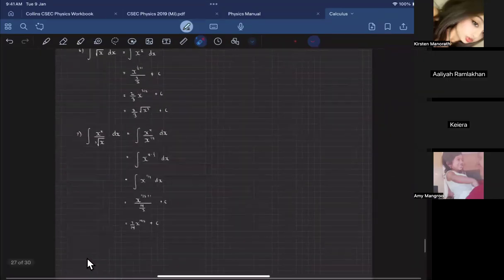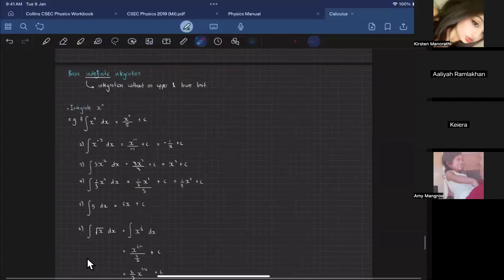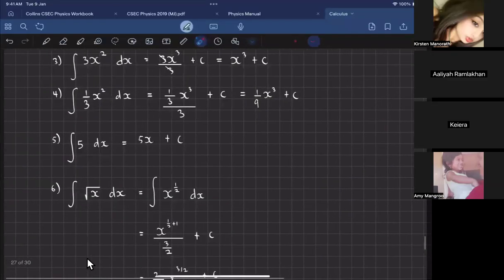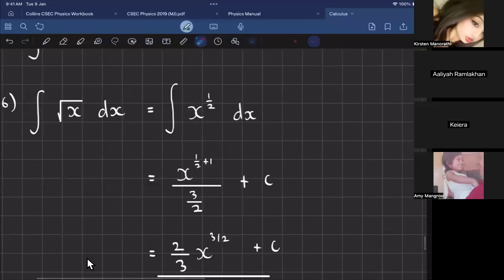Watch, I'm just going to remind you of something. Look at this question. We had x to the power half, right? When you add 1 to the power, it was x to the power 3/2 divided by 3/2. If you're dividing by 3/2, that means you're multiplying by the reciprocal.